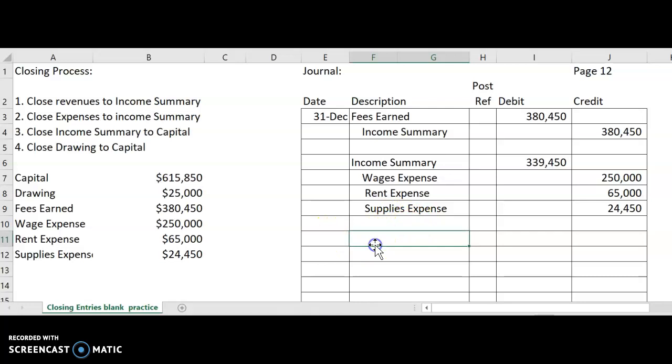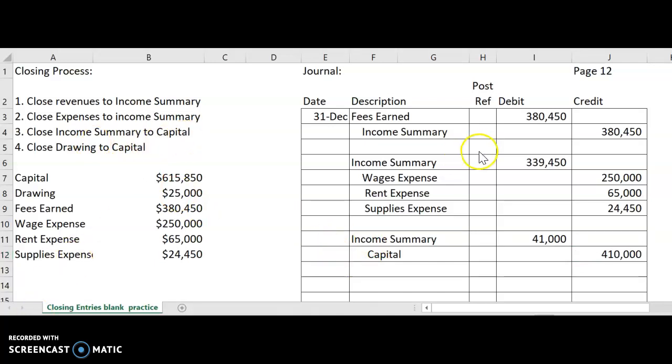So for step 3, I'm going to debit income summary for $41,000. And it says in step 3 to close it to capital, so I'm going to credit capital for $41,000 because I'm closing it to capital.